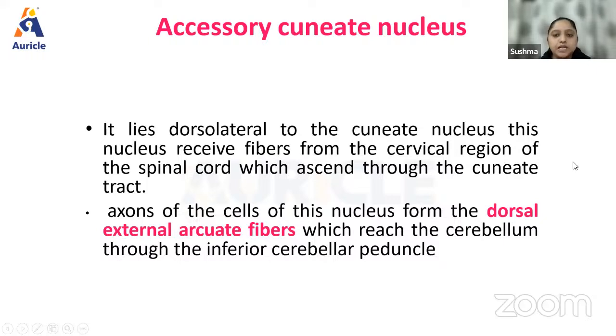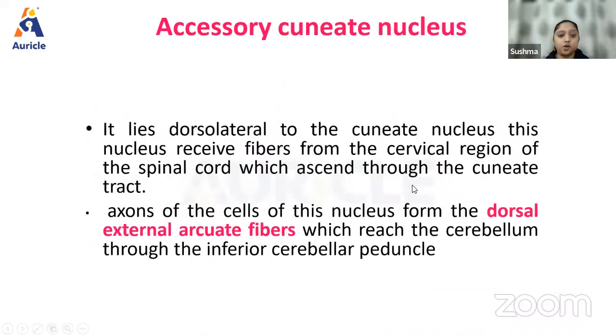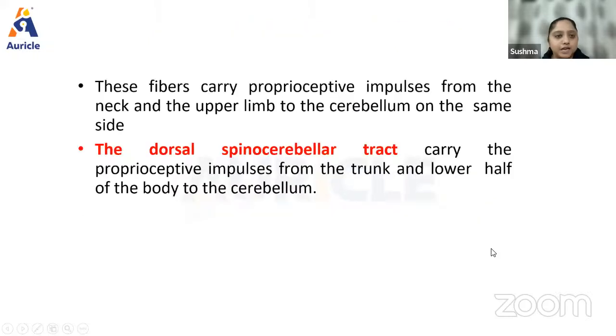Now, axons of the cells of this nucleus form the dorsal external arcuate fibers. We had anterior external arcuate fibers also, remember? In the very beginning, I spoke about this. And we also had internal arcuate fibers. How many arcuate fibers are we coming across? 3 already, right? Then they reach the cerebellum through the inferior cerebellar peduncle. These fibers carry the proprioceptive impulses from the neck and the upper limb to the cerebellum on the same side.